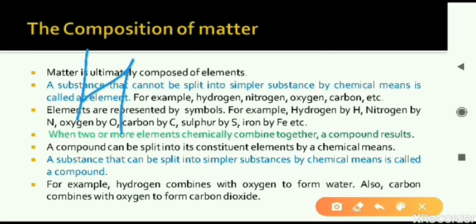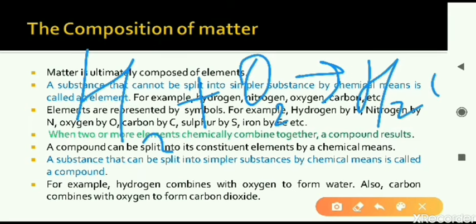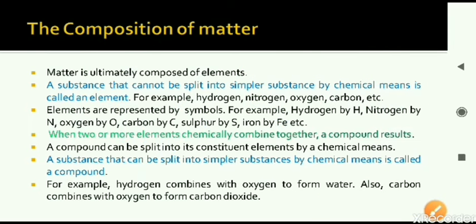So hydrogen element plus oxygen element, what we will get is water, and water is a compound. Element we cannot break into parts, but a compound we can break into smaller parts, and those smaller parts are called elements. A compound can be broken down into smaller parts.